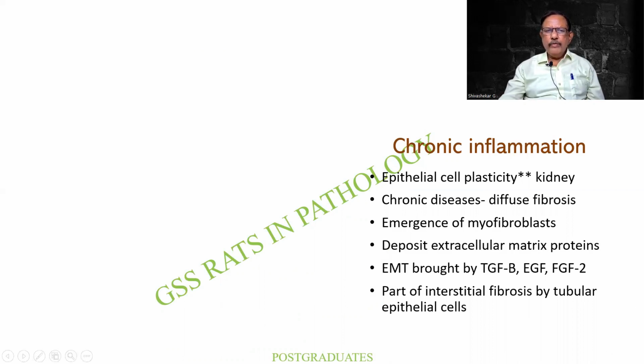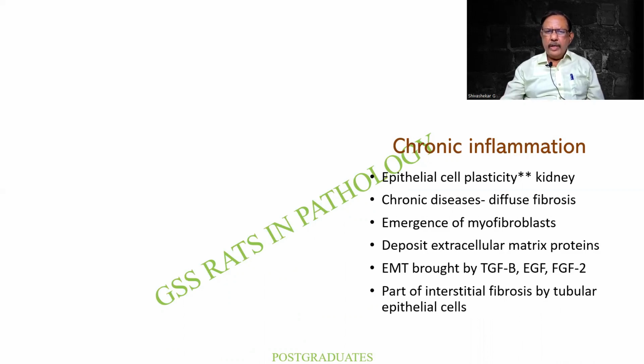Then in any diffuse fibrosis, there is an emergence of the myofibroblast and there is a deposit of extracellular matrix proteins. Epithelial mesenchymal transition is brought about by these factors. And part of the interstitial fibrosis is done by the tubular epithelial cells. The kidney is one example that it tries to give.